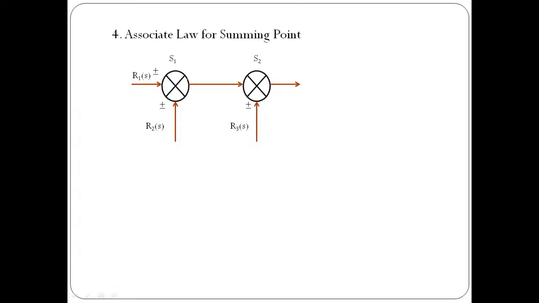So in this case, we have taken two summing points, say S1 and S2, and to this particular system, we have taken some inputs and an output. The inputs to the first summing point are R1(s) and R2(s), and the output of this summing point is connected as one of the inputs to the second summing point, and then we have one more input, R3(s). Now first we will calculate the output of this particular system, and then we are going to swap, interchange the positions of these two summing points.